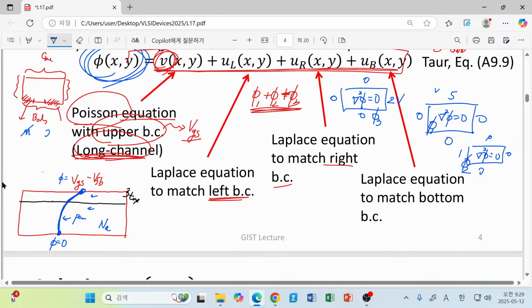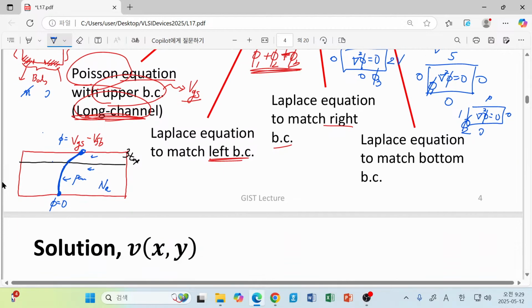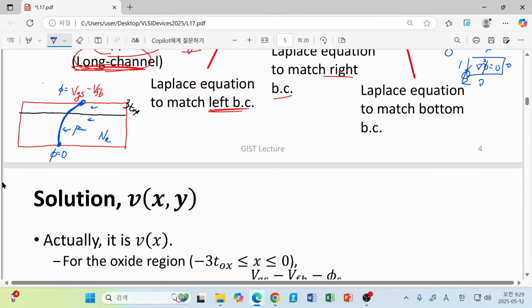Usually, if we are considering the usual MOS system, then we must introduce discontinuity. So let me just do it together with you. Let's say this is phi and this is 0, and usually what we do is here minus T ox, and let's say this is the depletion width.